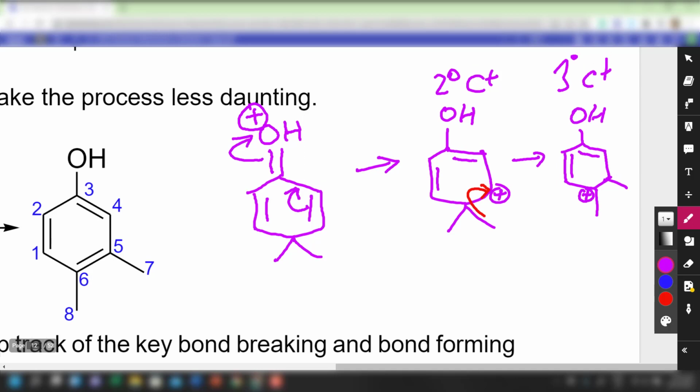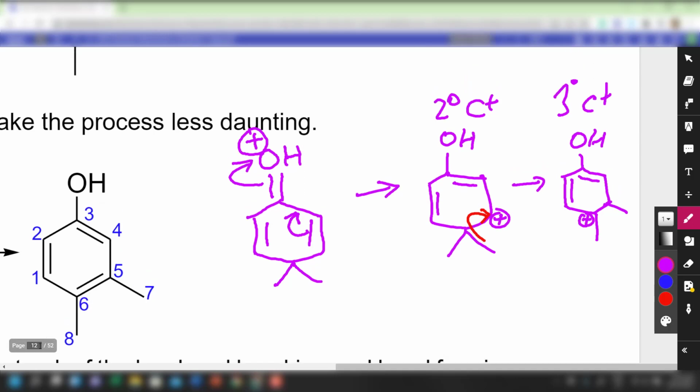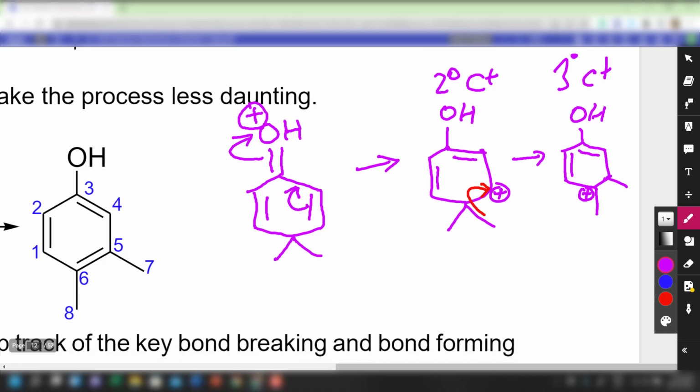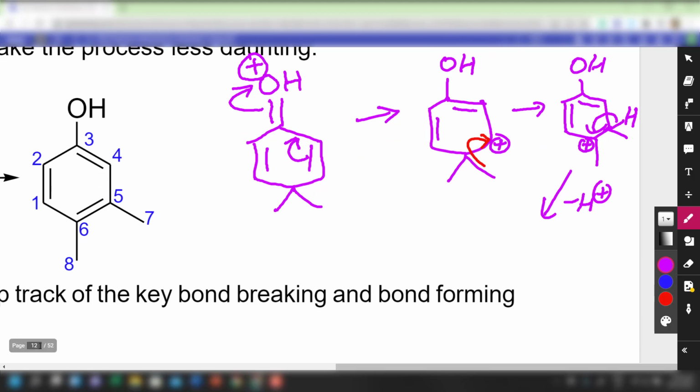And because of that, what happens here is that I want to restore the aromaticity, because I could potentially end up with an aromatic compound. So in this case, the H will be lost as H plus, and eventually I'm going to end up with the product, which is essentially a phenol, like this.